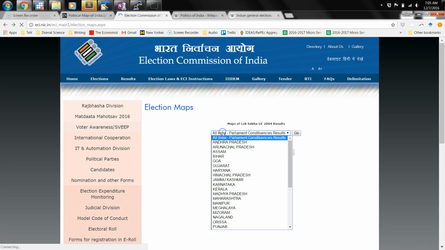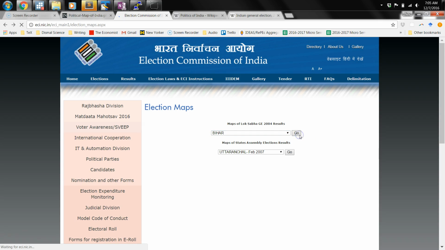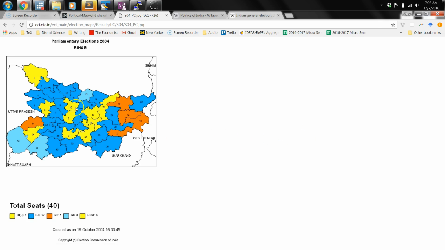If we go in greater detail and look at Bihar's election results, each of these constituencies has a number and a name, and they're electing their representative. Whichever candidate gets the most votes will go to Parliament, and they are members of a party, of course, and so they will then determine the government.